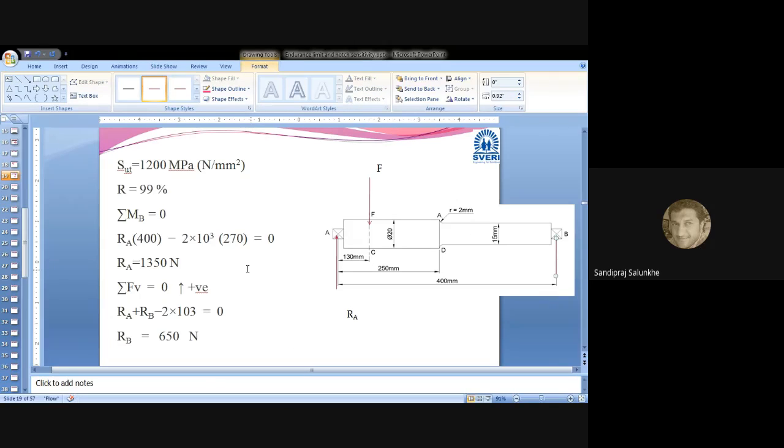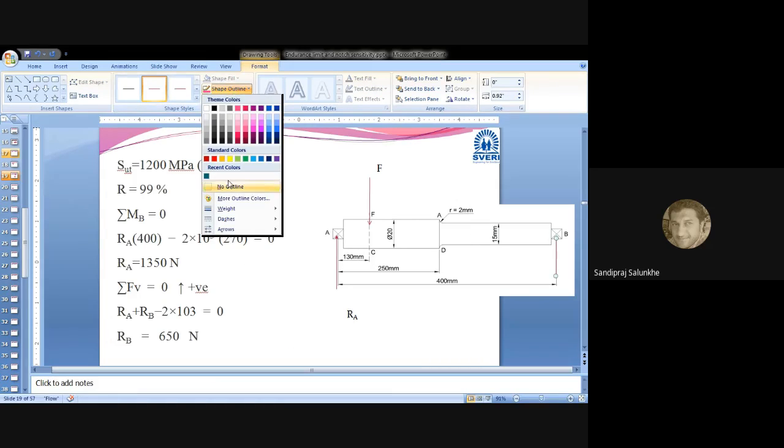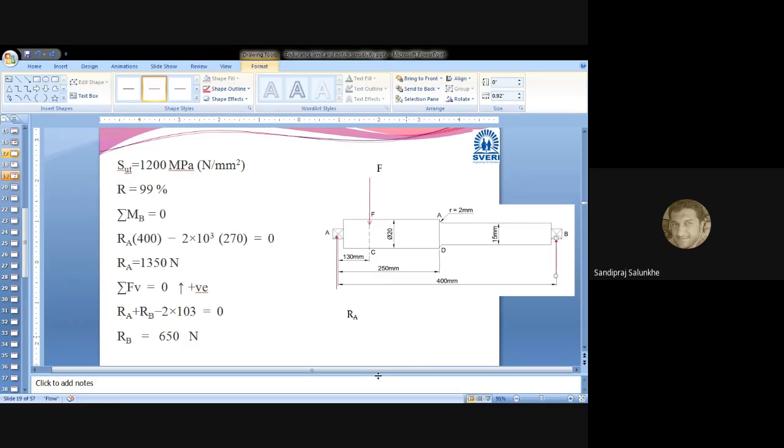So this is RB, with RA upward positive and RB upward positive.